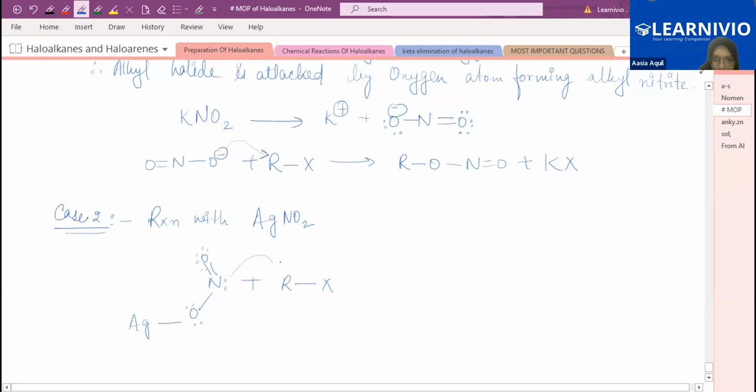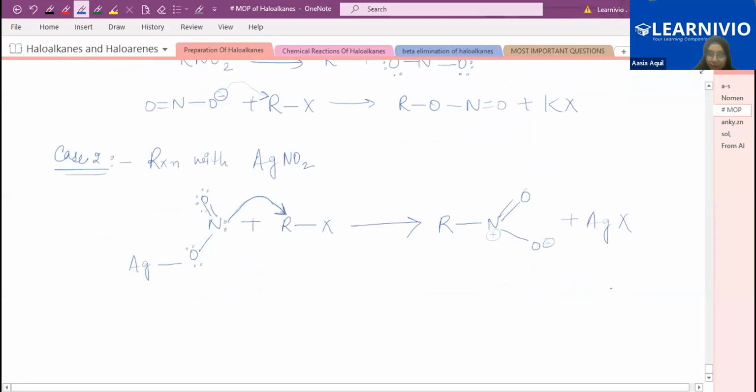The nitrogen will attack the carbon of the alkyl group. And what will be the product here? The R will combine with nitrogen, right? So here will be a positive charge plus AgX. Okay, so that's the reaction when the alkyl halide reacts with AgNO2.